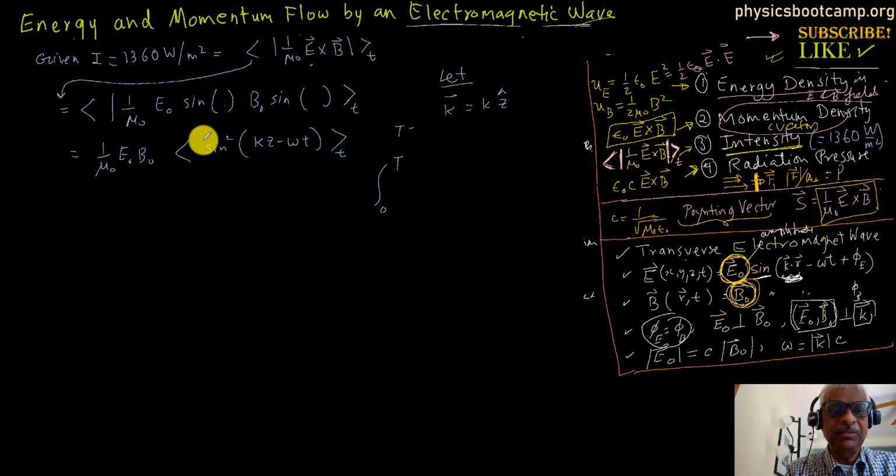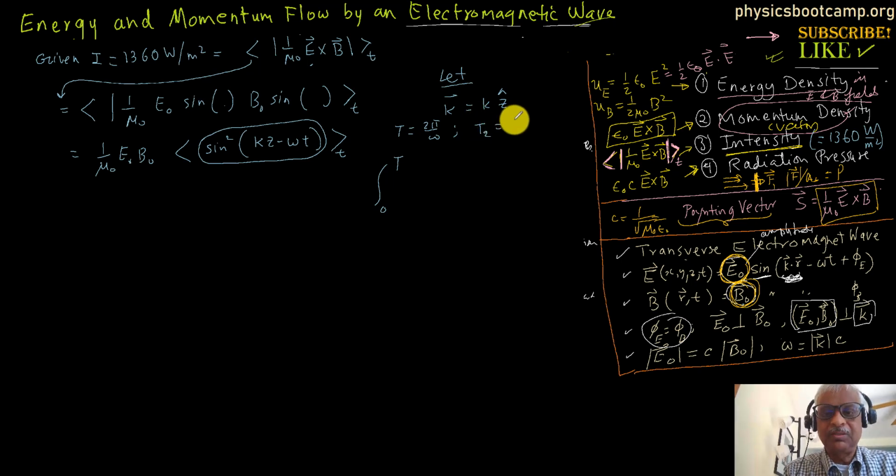For sine, the period is 2 pi over omega, and the period of sine squared will be half as much. So T over 2 is going to be pi over omega. So we just have 1 over T over 2, and that's going to be one period, because when you square it, it repeats at half the period, right?